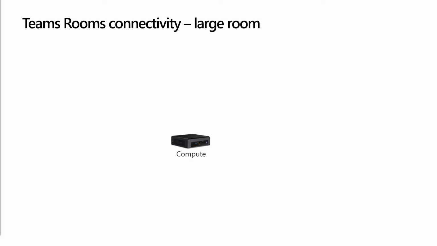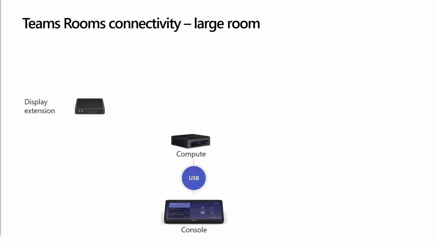Let's look at a more complex configuration. Once again, we start with the compute module, which is the heart of the Teams Room system. There's the center of table console, which still connects via USB to that compute module. Now we add things like display extensions. So these are the kind of devices that will extend cabling beyond the standard. We have a separate camera, which in this case connects to the display extension and not directly to the compute module.